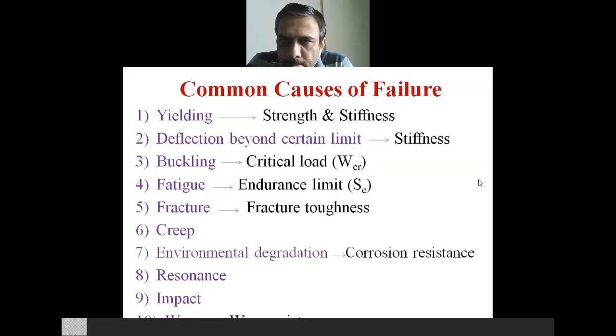Ability to resist load. Okay, fine. And what is the formula for stiffness? F by delta, F by delta L. Okay, so that is load per unit deflection.